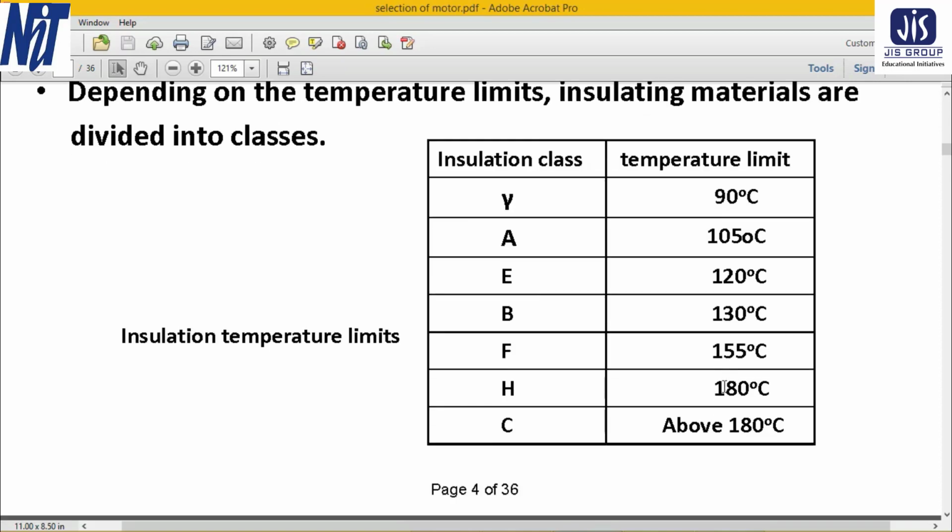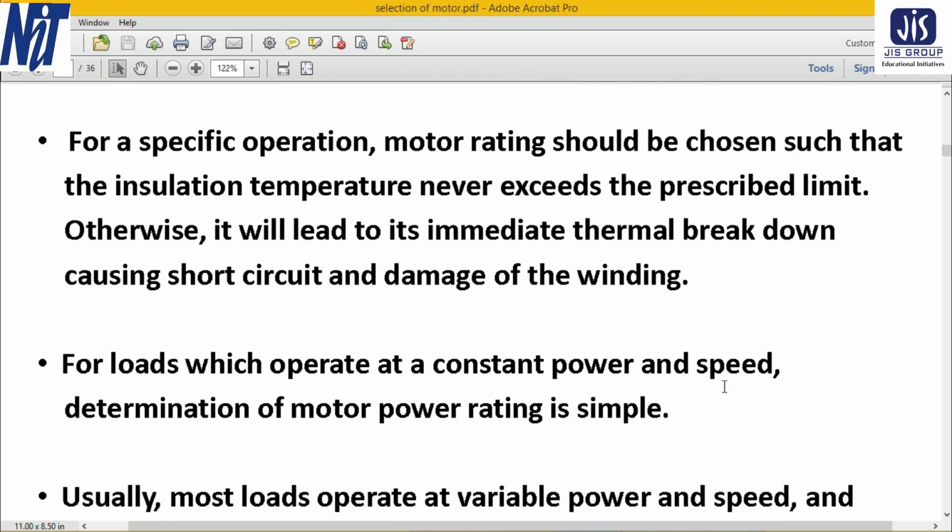Now, suppose for a specific operation, the motor rating should be chosen such that the insulation temperature never exceeds the prescribed limit.